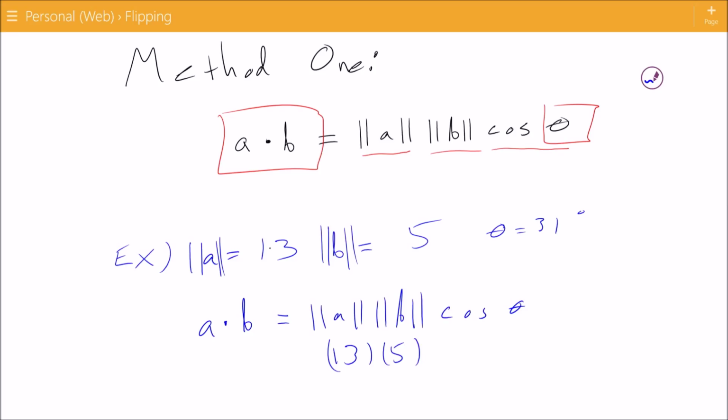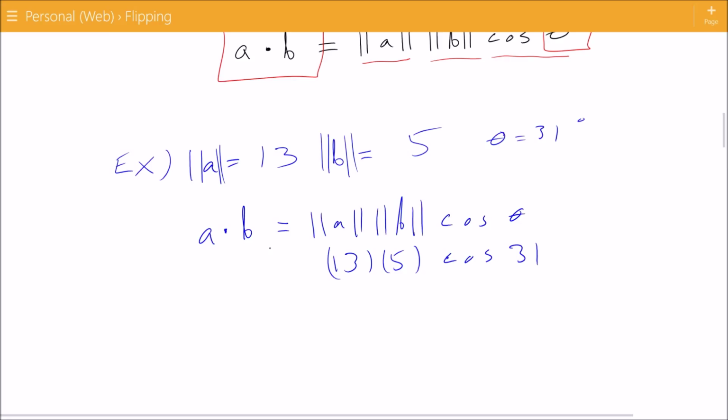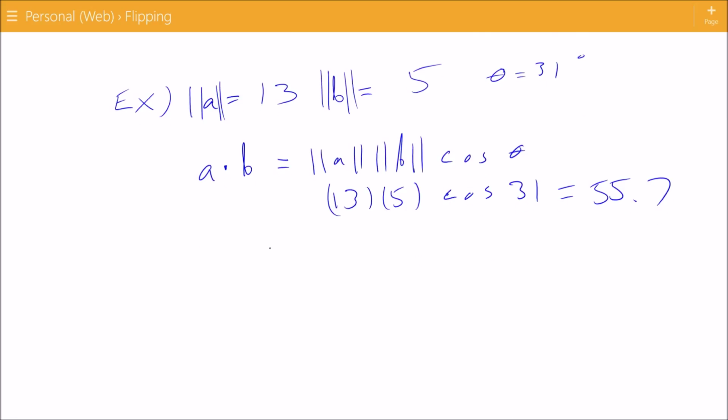times 5 times the cosine of 31. And I can put that into my calculator. And I get 55.7.